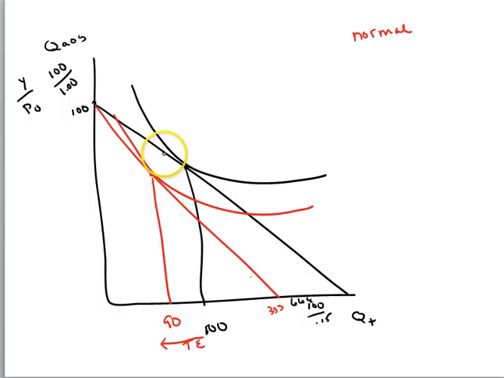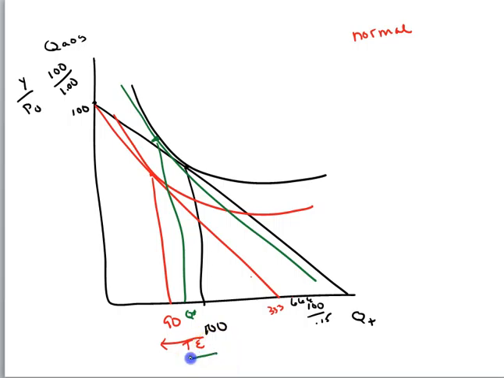I first compensate the consumer with income that they didn't have before, draw a line tangent to the original indifference curve, parallel to the new budget constraint. And label that Q star.